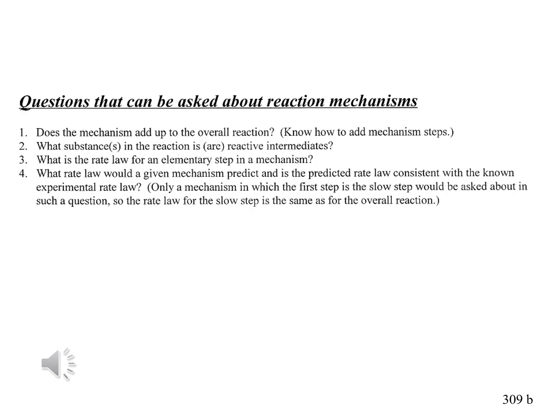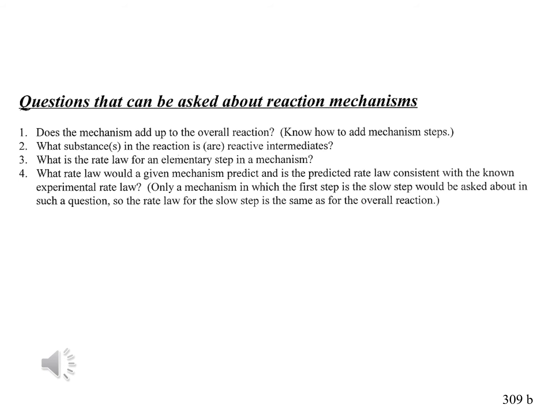Now, this might all sound kind of confusing, so what I want to do is tell you the questions I'm going to ask you about mechanisms. First of all, I want you to be able to add mechanism steps and see if they add up to the overall reaction I give you. Secondly, I want you to identify the substances in the reaction that are reactive intermediates.